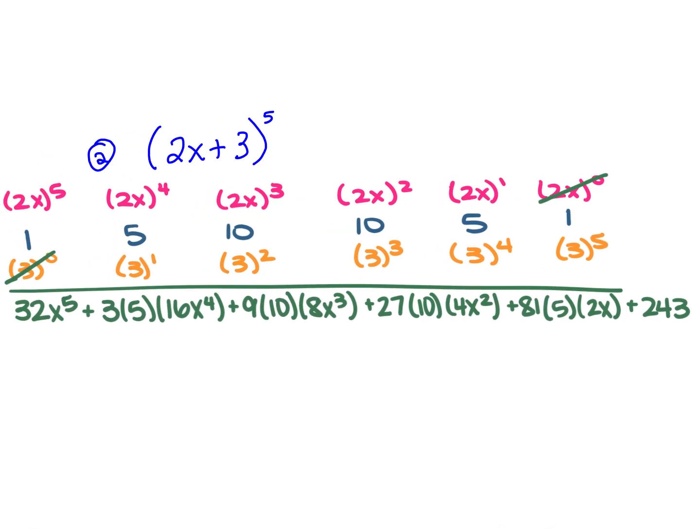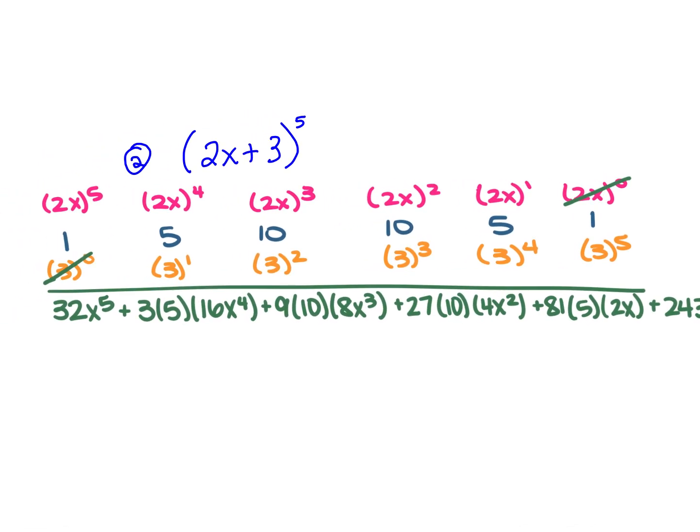From here, we're just going to multiply. So that's going to give us 32x to the 5th power, plus 3 times 5 is 15, times 16 is 240x to the 4th power. You have 9 times 10, which is 90, times 8x to the 3rd power, which is 720x cubed.